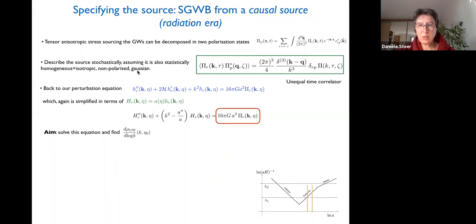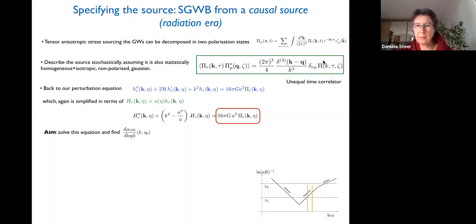And just as for the metric perturbation, we're going to describe the source stochastically. So here's its two-point correlation function, which has a similar form to what we saw previously. There's a delta k minus q because of homogeneity and isotropy, and the delta r minus p because of non-polarization.